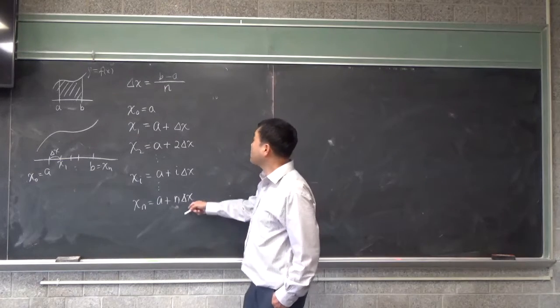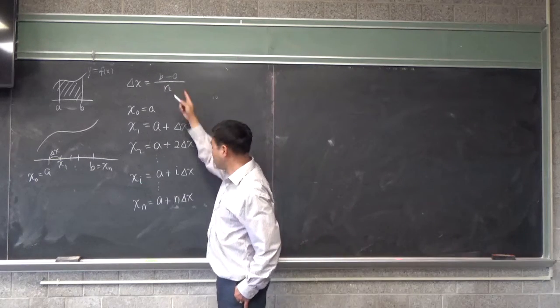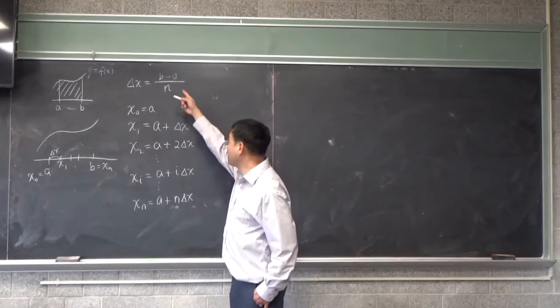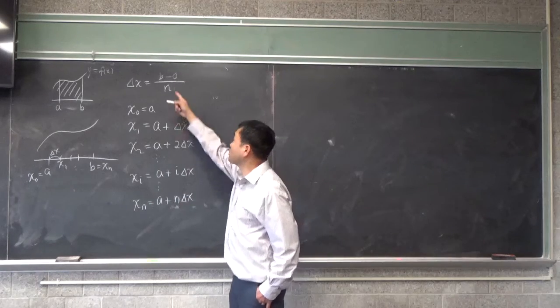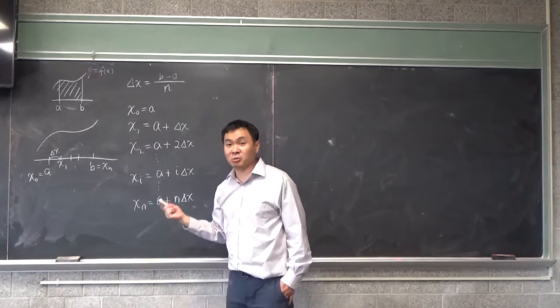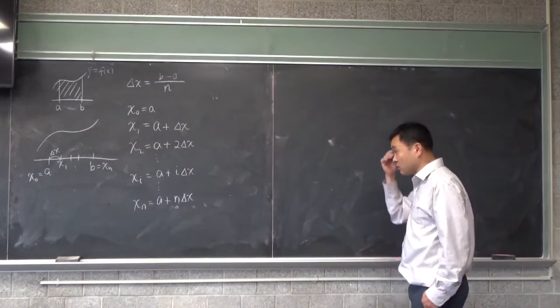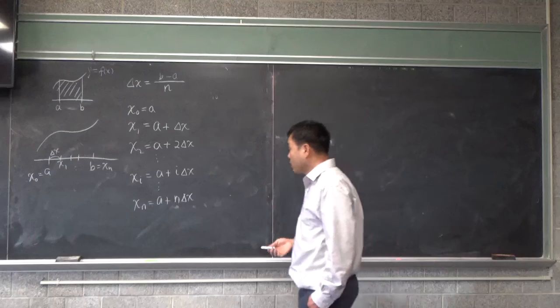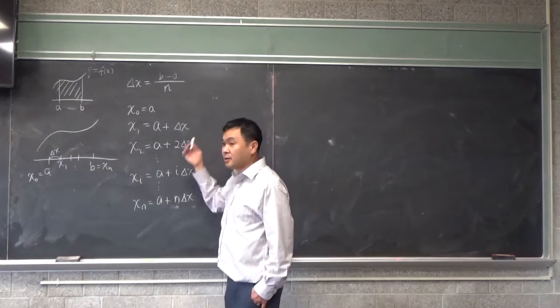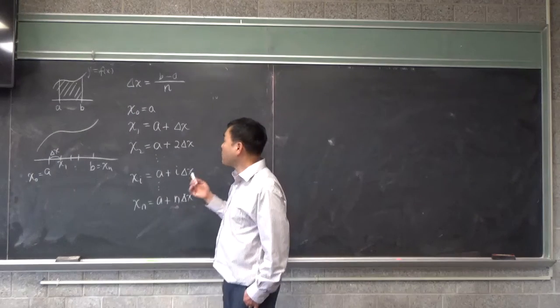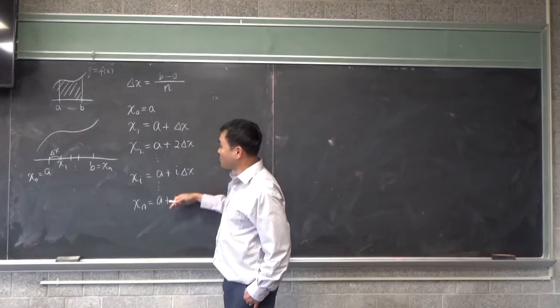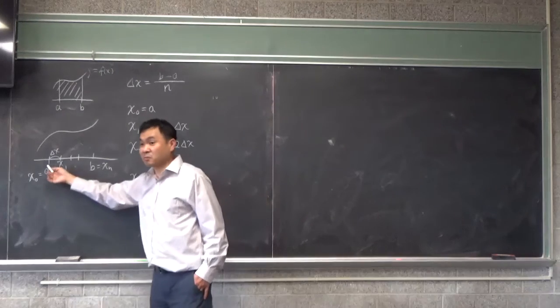And in fact, if you plug this in here, replace delta x by this one, then n and n cancel, and you get a plus b minus a, which simplifies to b. Okay, so that's something that we can check. All right, so I'm asking you purposely not to try to memorize this formula, but rather to memorize this picture, right?